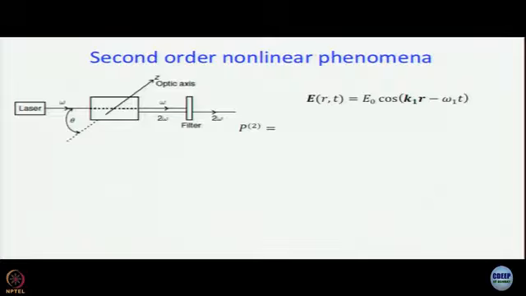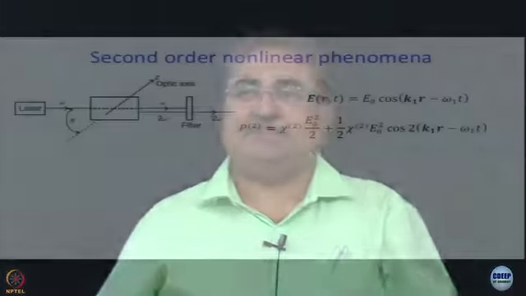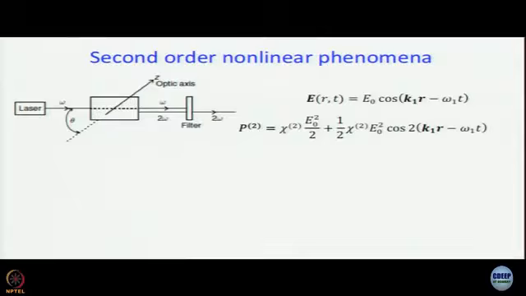Now, to get the second order term for polarization, this factor has to be multiplied by the second order susceptibility. So, this is the answer.